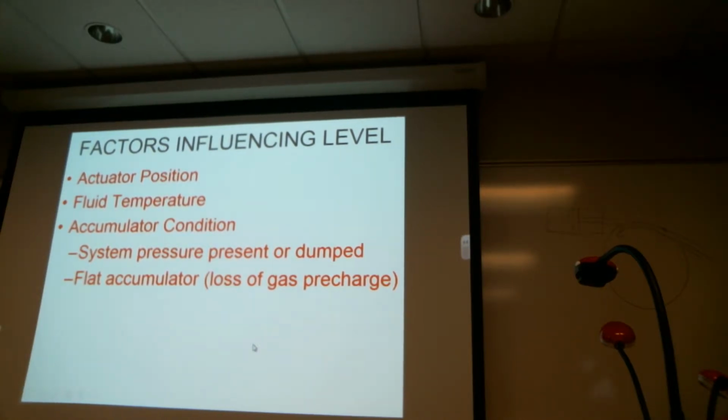And what that means is the gas charge in the accumulator is gone, just like a flat tire, when you've lost the gas or air pressure in a tire or an inner tube. What happens then is the entire sphere of the accumulator gets filled with fluid, and there's nothing left to push it back to the reservoir. So it'll cause the level of the reservoir to go down significantly.